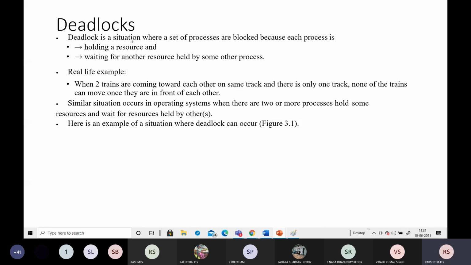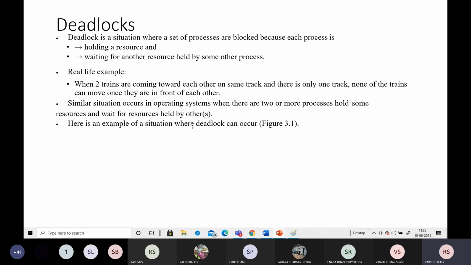Deadlock is a situation where a set of processes are blocked because each process is holding a resource and waiting for another resource held by some other process.